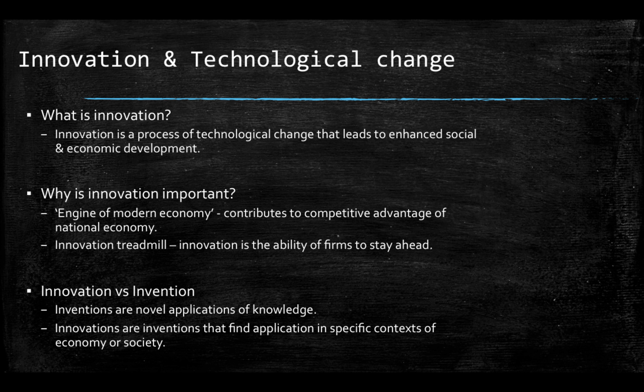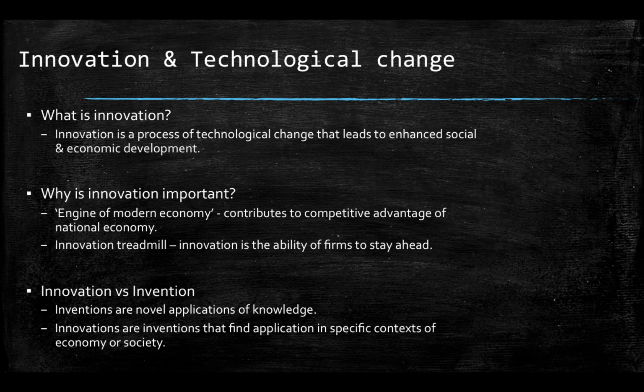And so the difference between innovation versus invention is that while invention is in some sense the novel application of knowledge, innovation is using that knowledge, those inventions, and then applying it within specific contexts of economy and society. Now, why is innovation important?